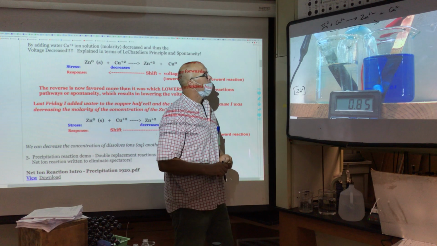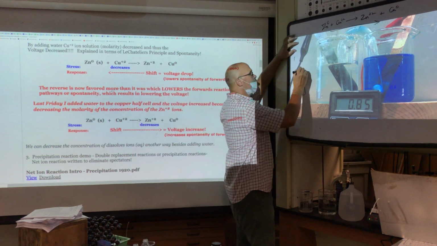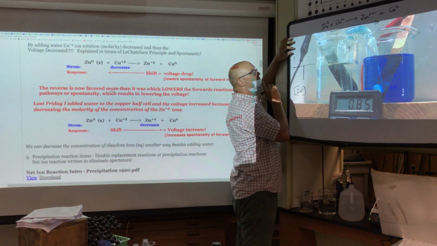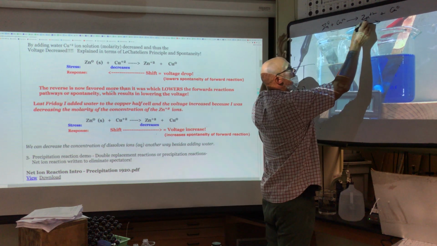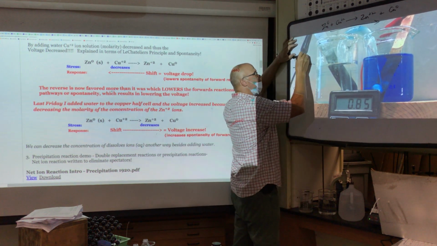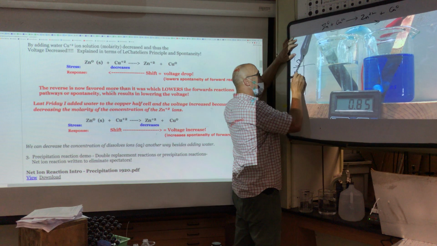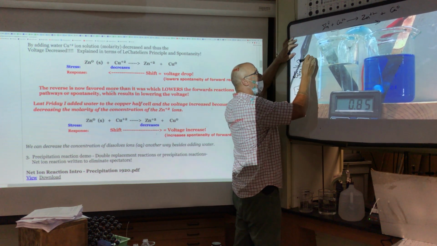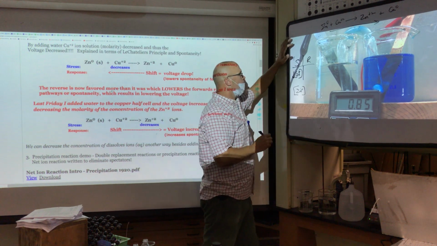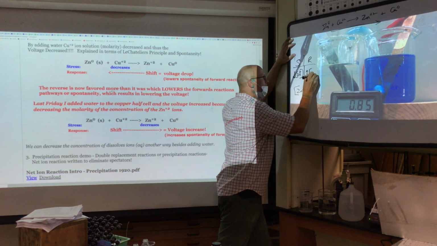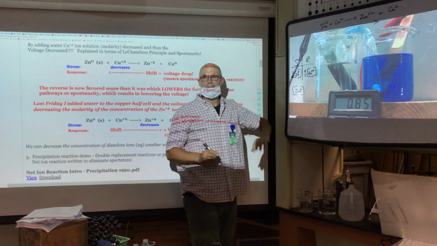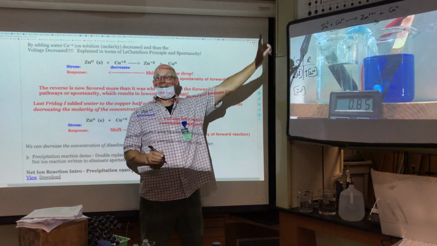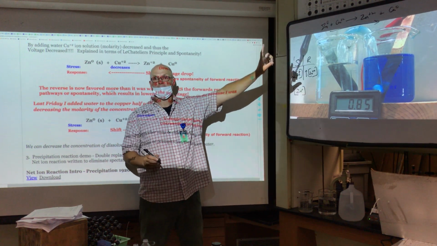So if I want to shift to the right, let's think about zinc. If I take zinc +2, here's my stress, I decrease zinc +2. What's the response? You want to increase zinc +2. And how would I do that? Well, what would the reaction do to increase zinc +2?